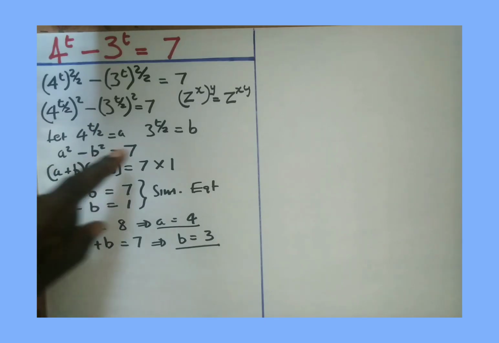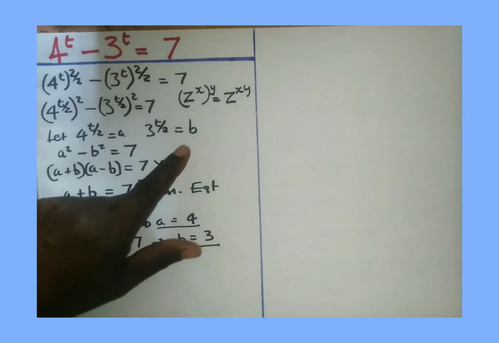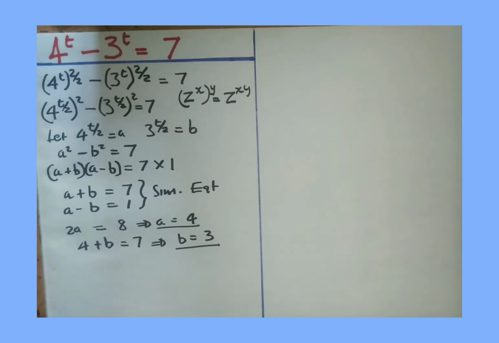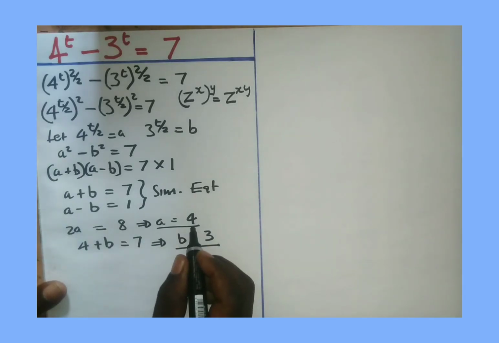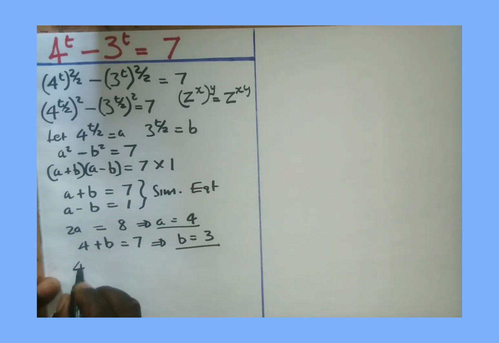But now let's go back to our assumptions. Yes, we said b is equal to 3 to the power t over 2, and a is equal to 4 to the power t over 2. Let's take the first one. So we know that our a is 4. So we can write 4 to the power t over 2 is equal to our a, which is 4. Again, we can write the left-hand side as 4 to the power t, in brackets, to the power a half.